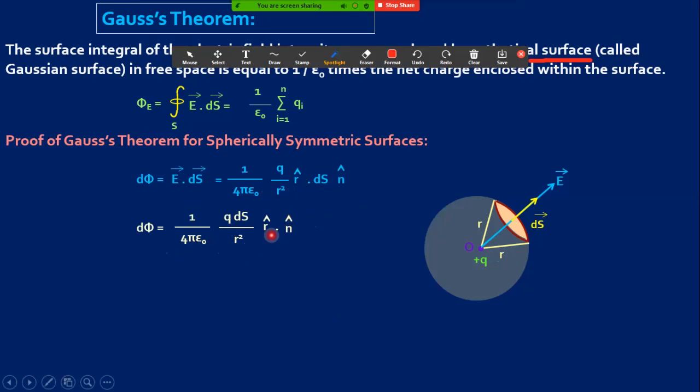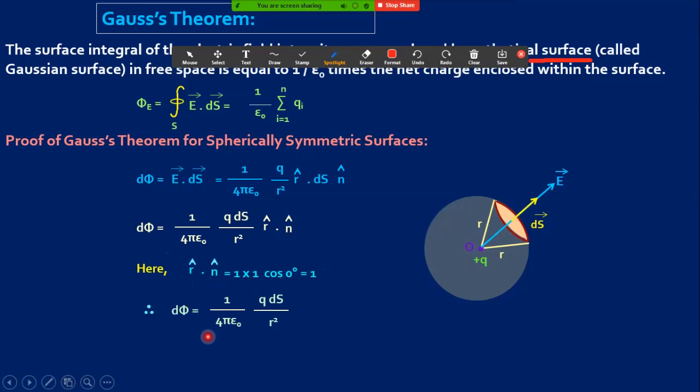Now our concern is to find out what r dot n will be. Since the directions of r and n are aligned, the angle between them will be 0, so this value is equal to 1.